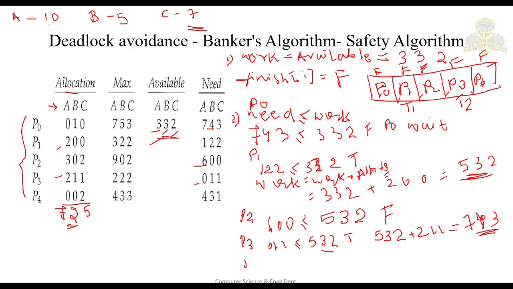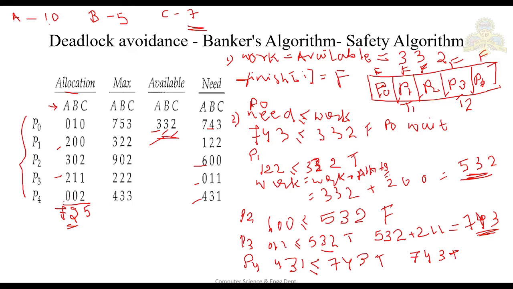Now we have the process P4. Check for the need of process P4. That is 431 is less than or equal to, this is the updated value, okay? 743. You have to check this value only. 743. So it becomes again true. You have to calculate the work. Work is equal to work plus allocation. What is work here? 743 plus allocation of P4.